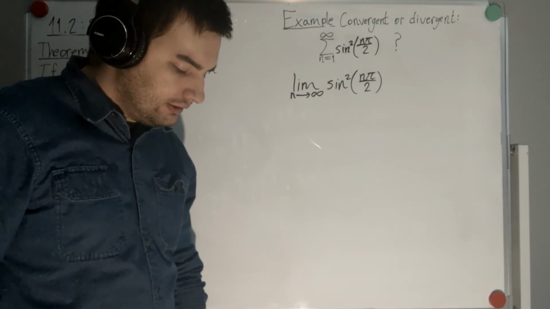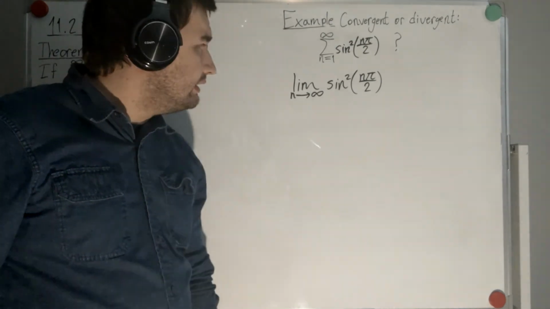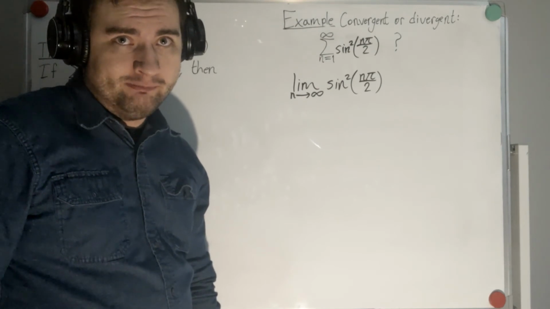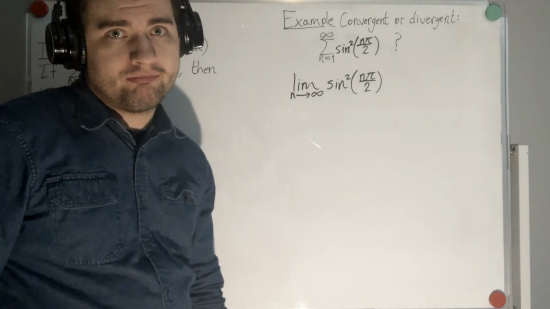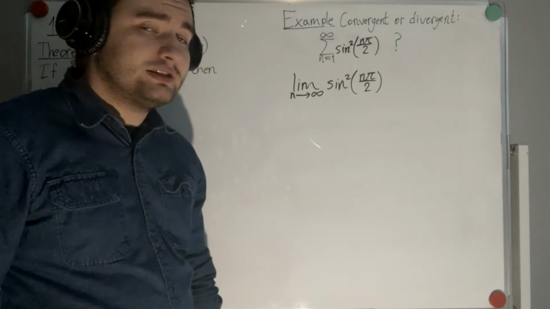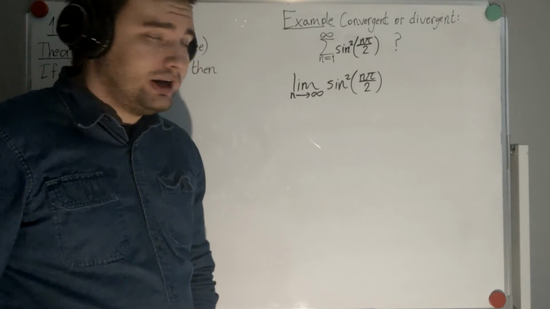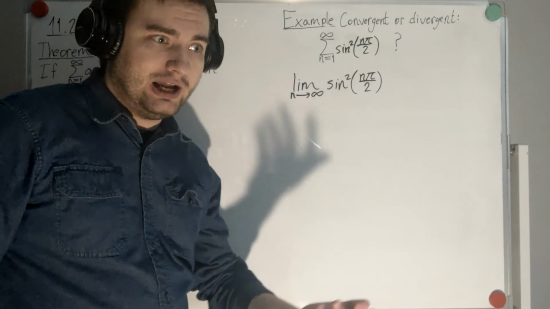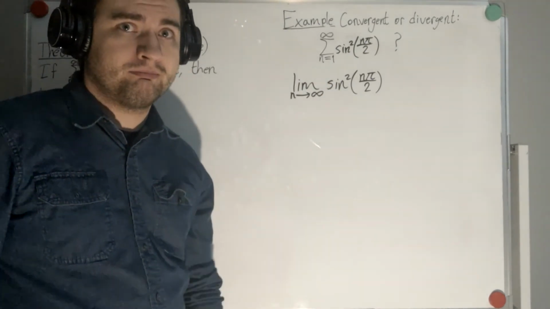If n is an even number, then n pi over 2 is going to be an integer multiple of pi, in which case the sine of that is just going to be 0. On the other hand, if n is an odd integer, then n pi over 2 is going to be an odd multiple of pi over 2, in which case sine of that is going to be either 1 or negative 1, so then sine squared of that is going to be 1.